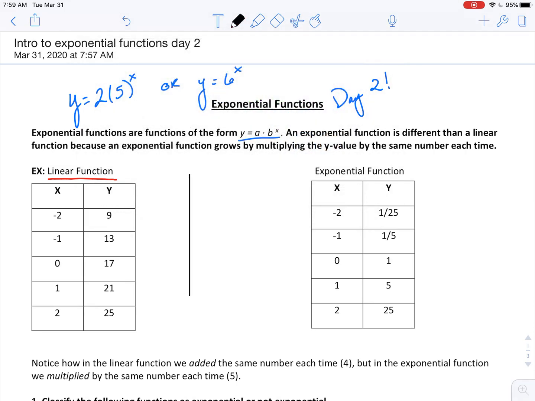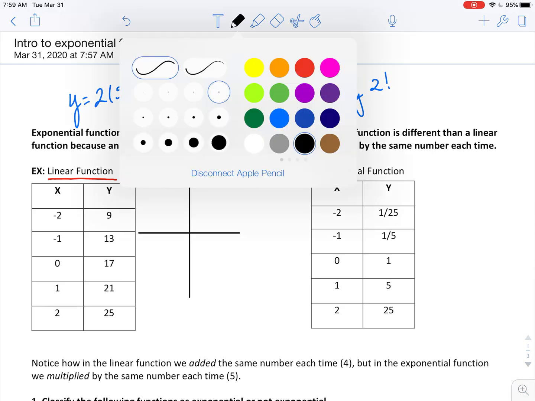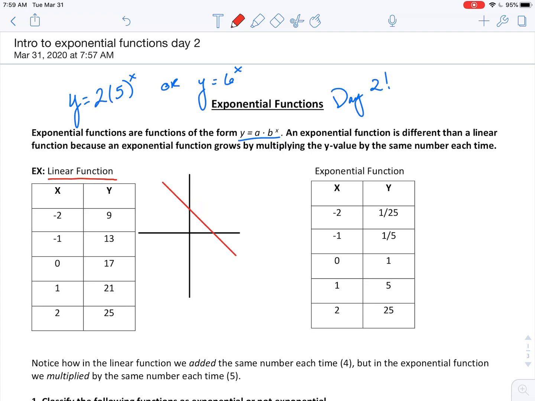Well, in a linear function, and we know linear functions pretty well, I've got some line on a graph here, x-axis, y-axis. And I know it goes up or down at the same constant rate.